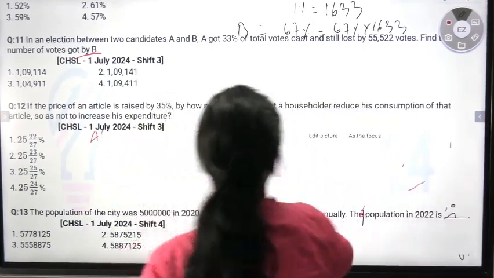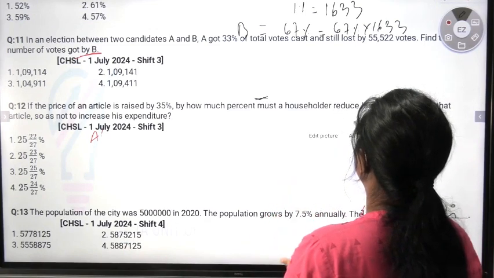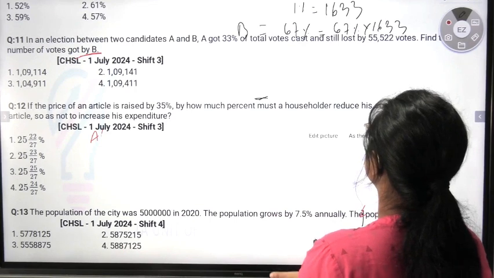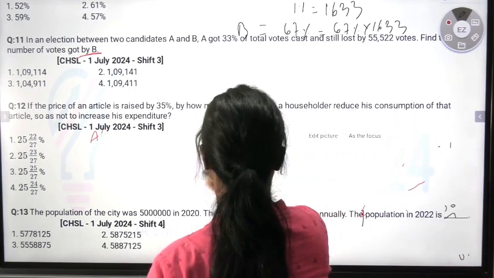Now 1% is this, then 67% is 67 into 1633, multiplied by 7.